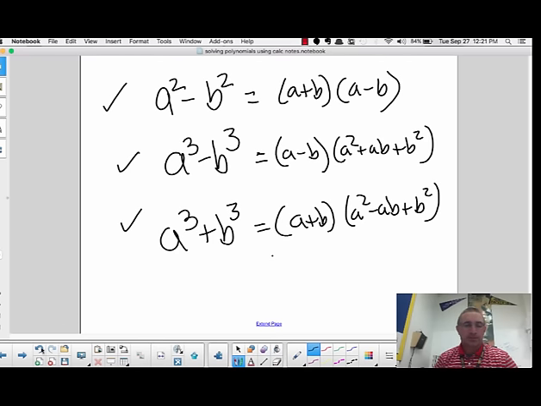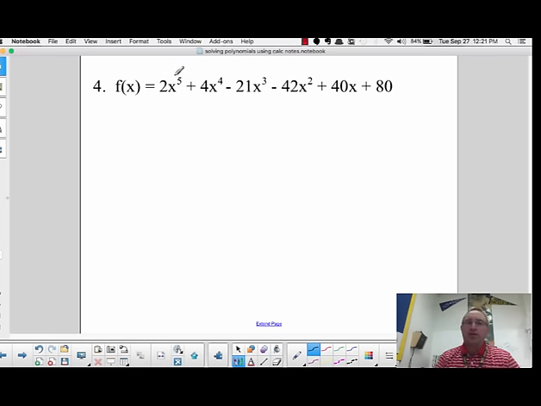Keep that in mind. Finally, to finish up, you may run across something that's to the 5th power. Okay? If that happens, remember the goal is to get it broken down into a quadratic. Okay?